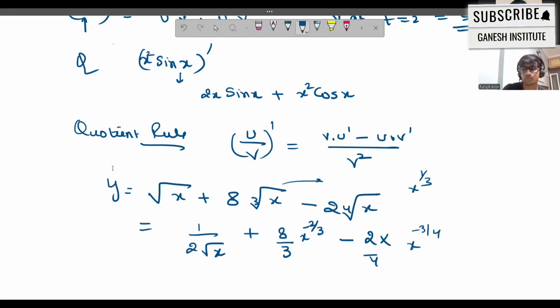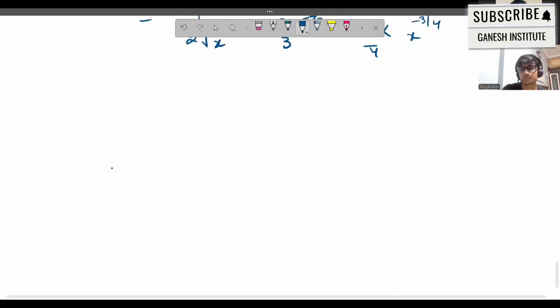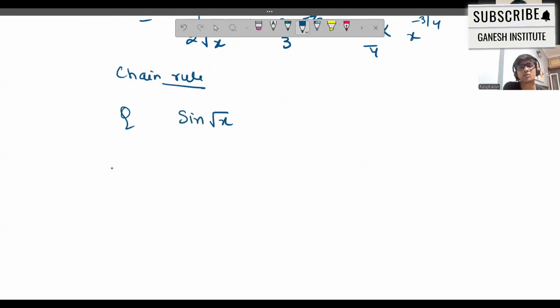Now, what is chain rule? Chain rule is when you have function within function. dy by dx is equal to dy by dt into dt by dx. Correct. You need to suppose something for it and then do it.